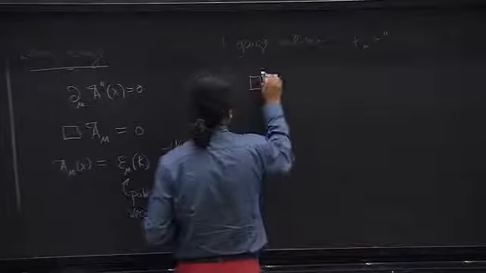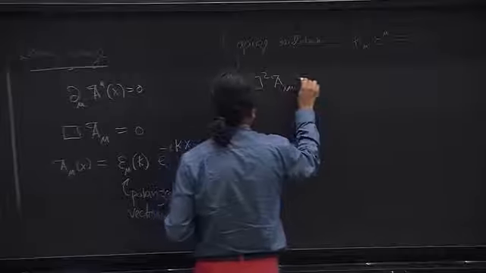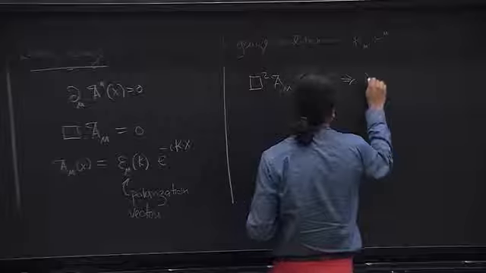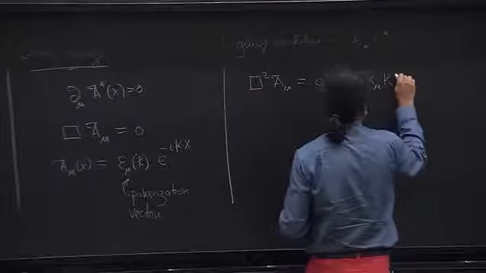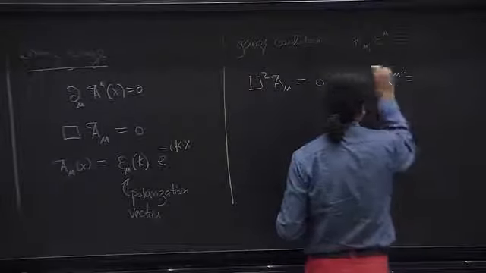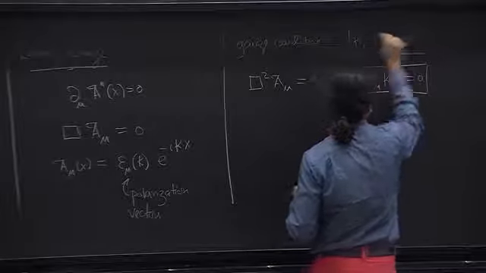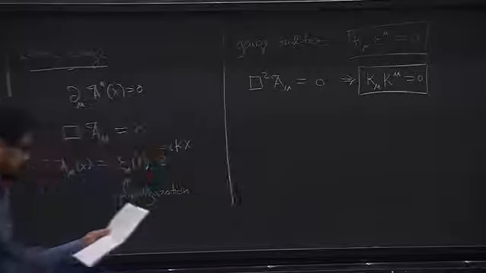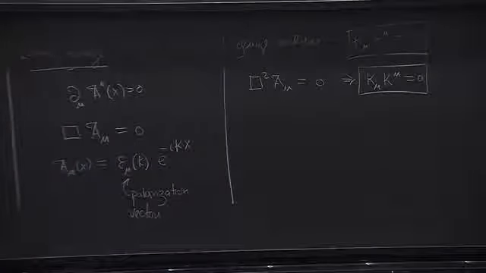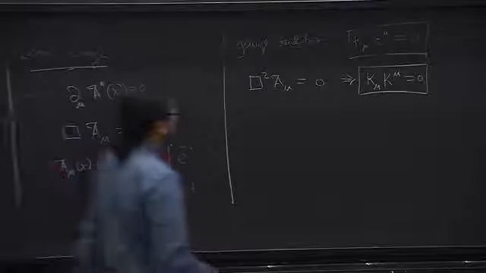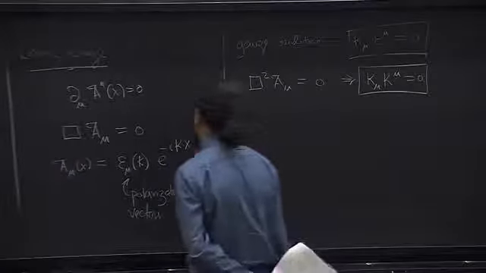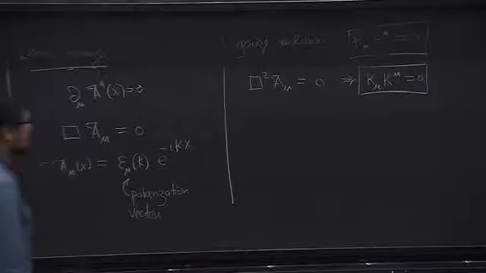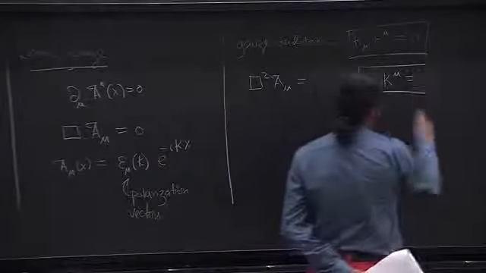And our equation of motion says that k has to be null. So in principle, you have 4 independent polarization vectors, but the gauge condition eliminates 1.